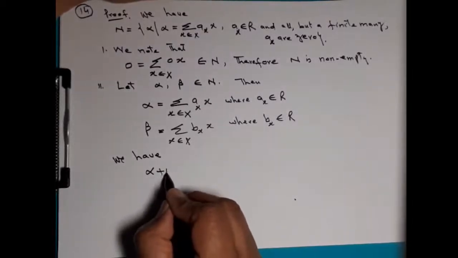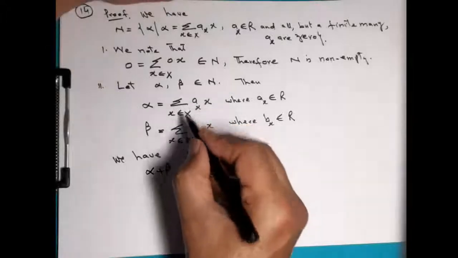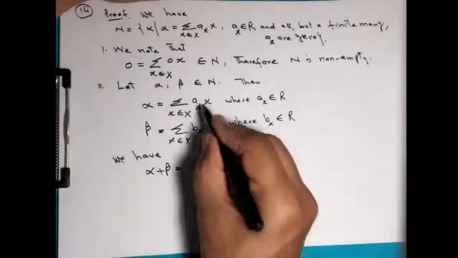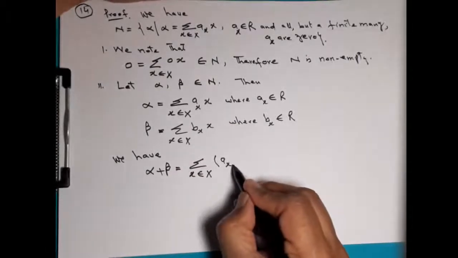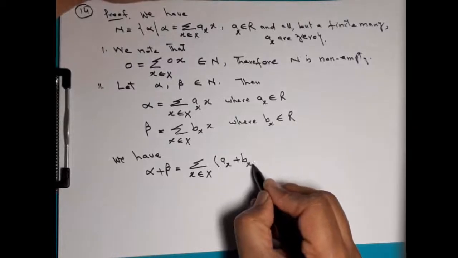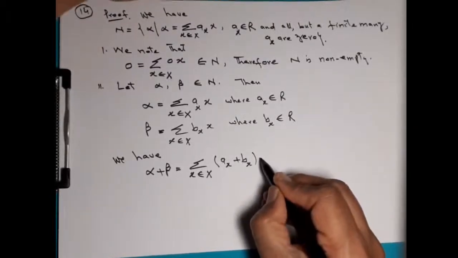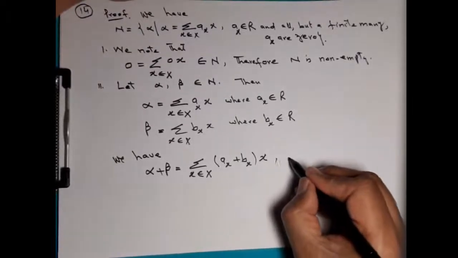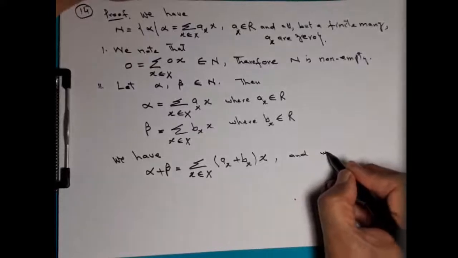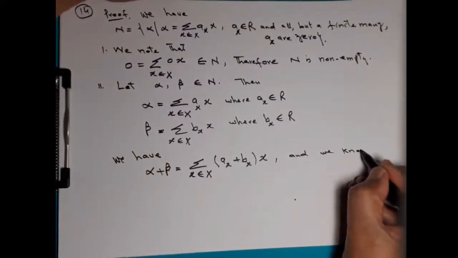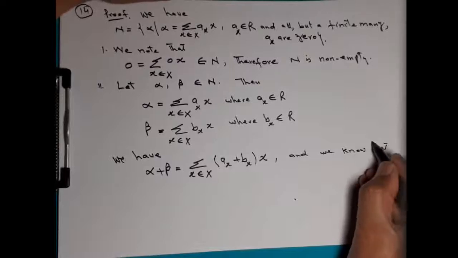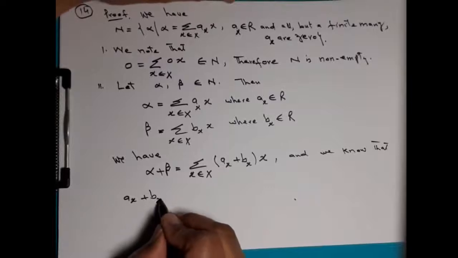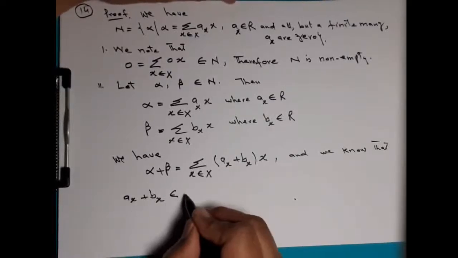Alpha plus beta is equal to sigma x belonging to X, a_x plus b_x multiplied with x externally, and we know that a_x plus b_x, the sum of these two scalars, belongs to R again.